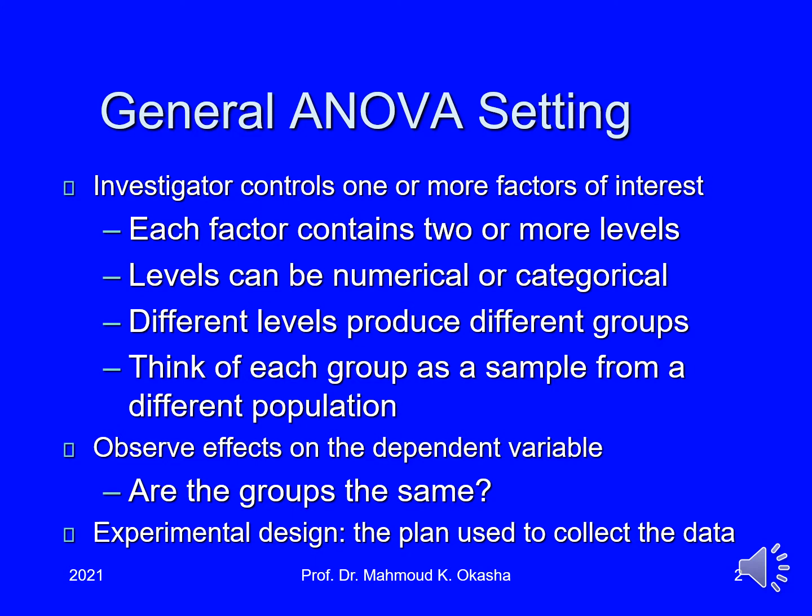Is it 20 liters or 30 liters or 10 liters, or whatever is the best level to have a better production from these trees? So we have one factor, or two or more factors of interest, and each factor contains two or more levels.